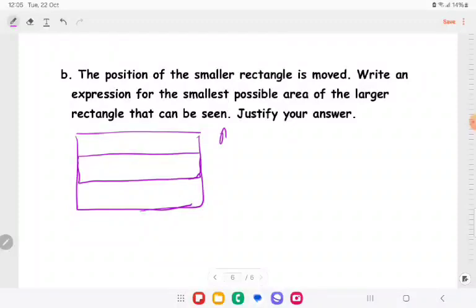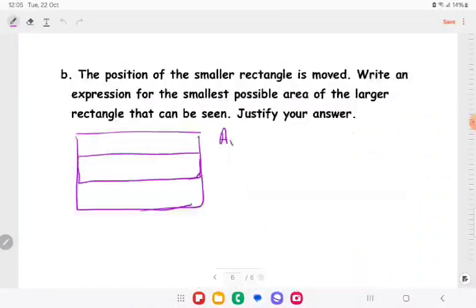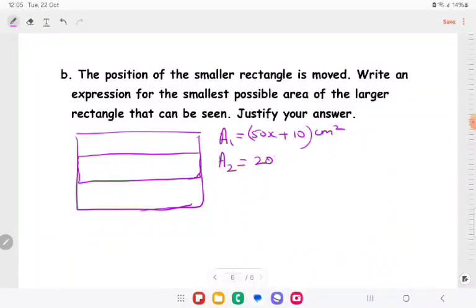So, what is the area of the larger one, children? 50x plus 10 centimeters square. What is the area of the smaller one now? Remember, we removed it right at the beginning, which is 20x minus 10.